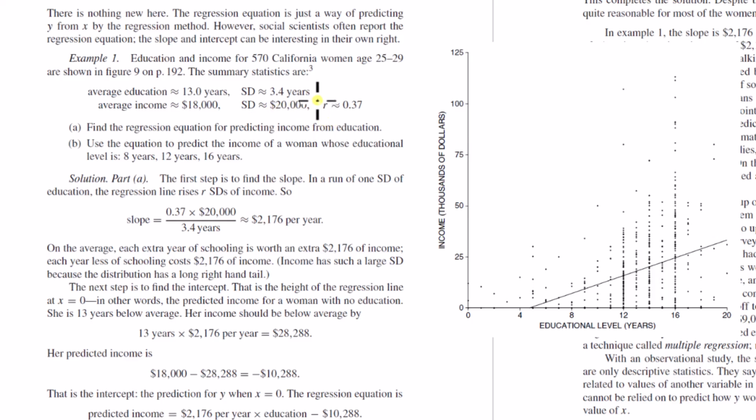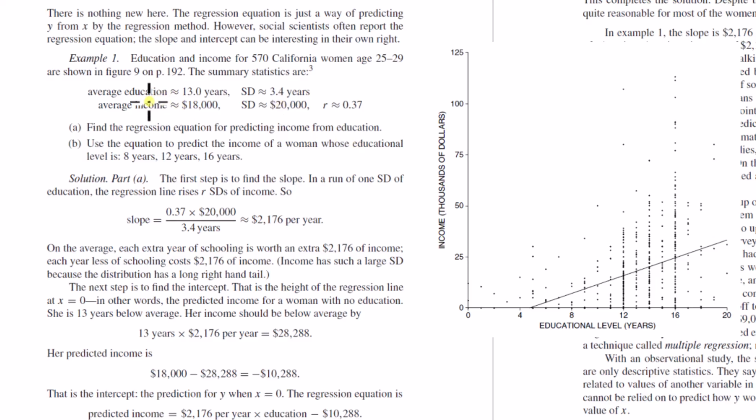Well, okay, the slope is going to be, so predicting income from education, this is the y variable, this is the x. Do this divided by this, then times this. That's the slope. Then you could use the point of averages as the point, and then use the point slope formula. Or what they're probably going to do is get the slope and then get the y-intercept.